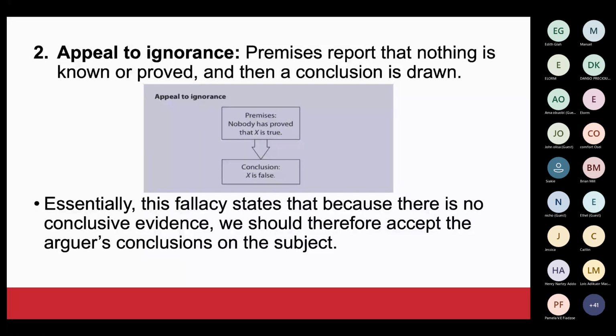So essentially, this fallacy states that because there is no conclusive evidence, we should therefore accept the arguer's conclusion on the subject, which is a fallacy. The arguer attempts to use the lack of evidence as support for a positive claim about the truth of a conclusion.